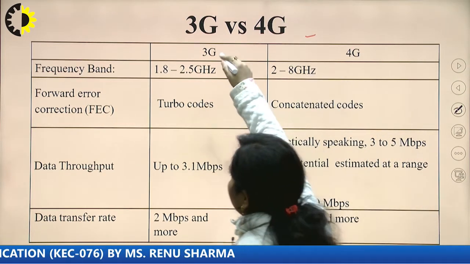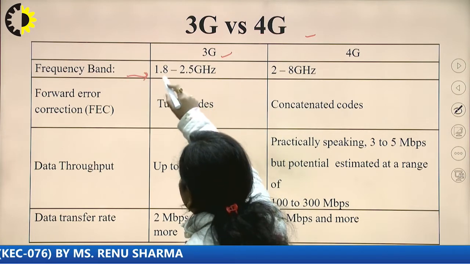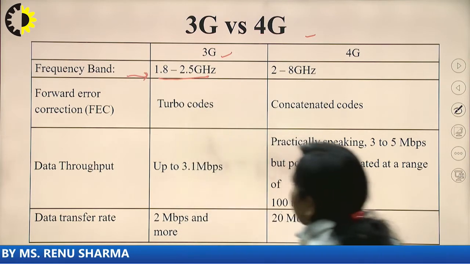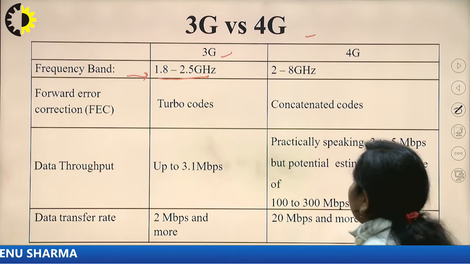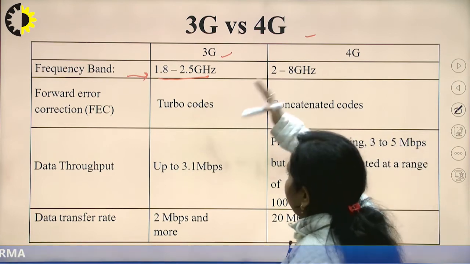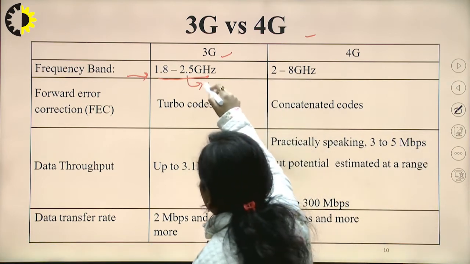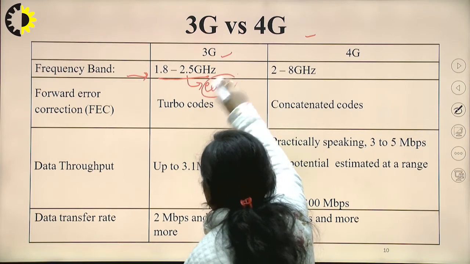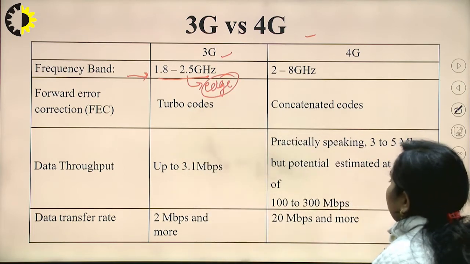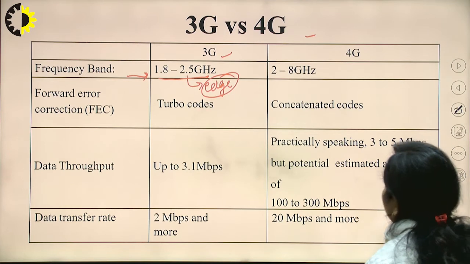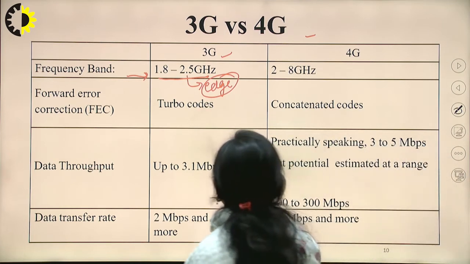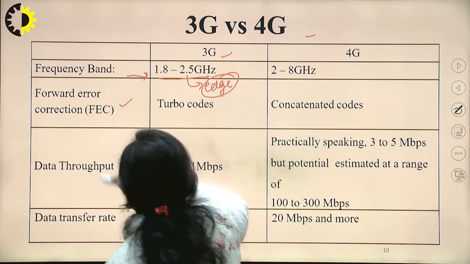In case of 3G, the frequency band provided is 1.8 to 2.5 gigahertz. Fourth generation will provide an upper band. This 2.5 is also known as EDGE technology. Now 2 to 8 gigahertz lies in fourth generation.